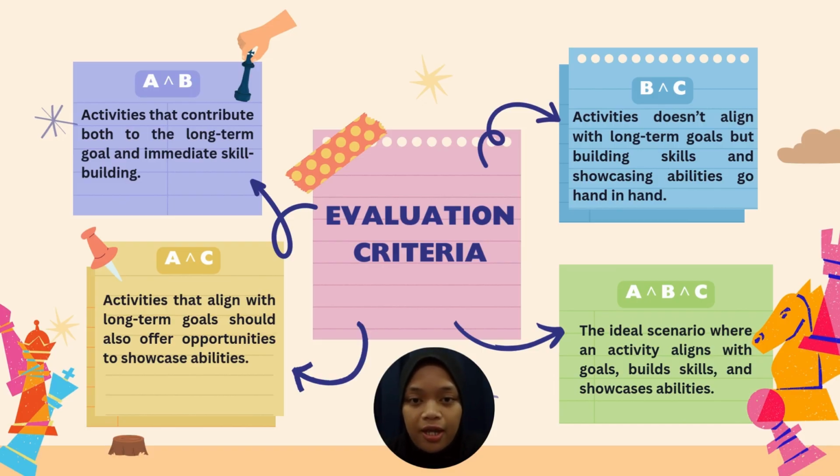Then for A and C, we have activities that align with long-term goals and also provide opportunities to showcase your abilities. These are highly strategic moves, allowing you to demonstrate your strengths while staying on track toward your objectives.